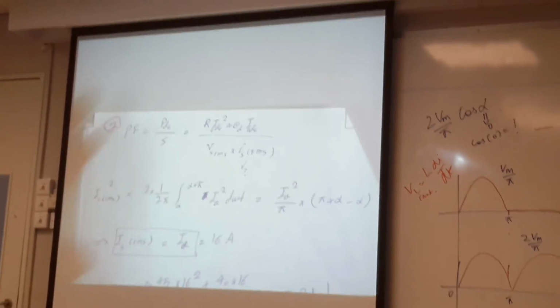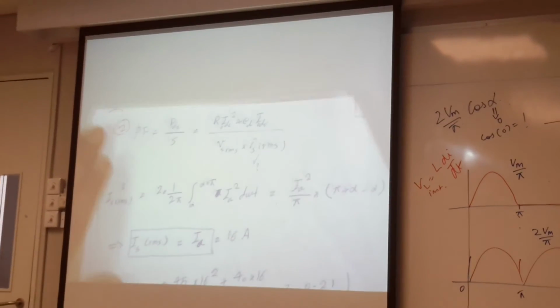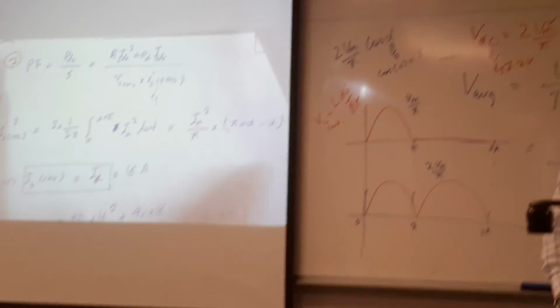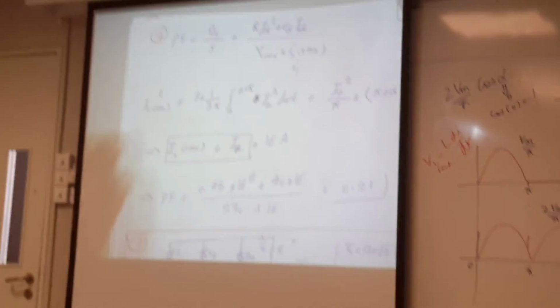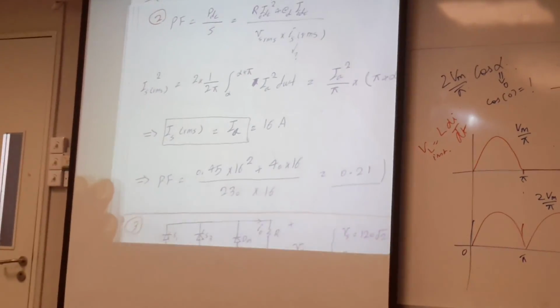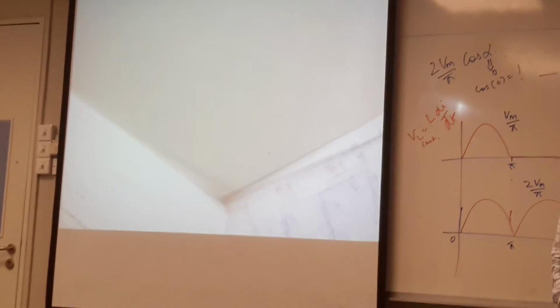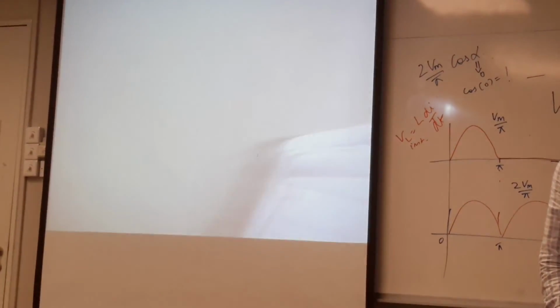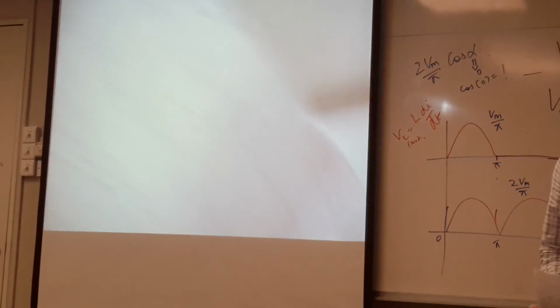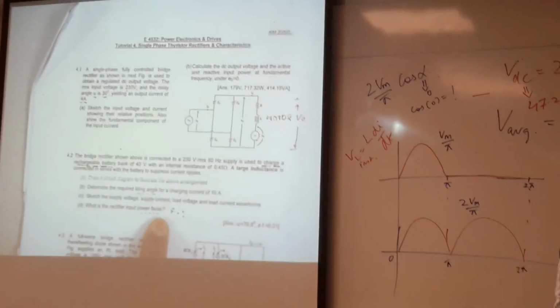Vs RMS we know is Vm by root 2, and Is RMS we can find by the equation. So this is the power factor, which is 0.21.